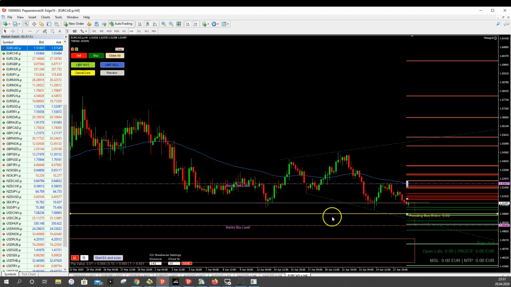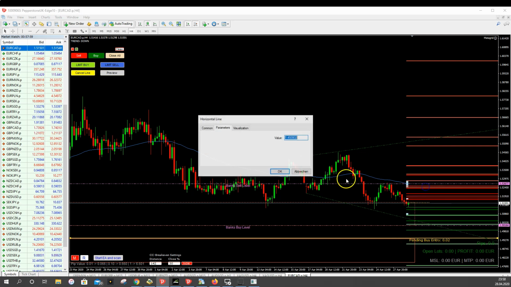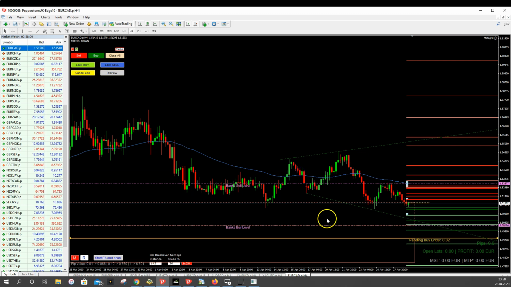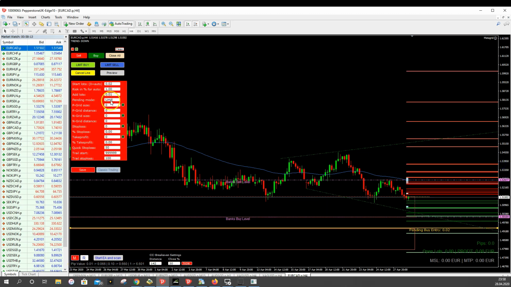I would place the limit buy order exactly here on the beginning of this demand area. If you want to see the price, it's 1.493932 if you want to use it the same way. And we place the stop loss below this demand zone, so it's very easy with Metagrid.